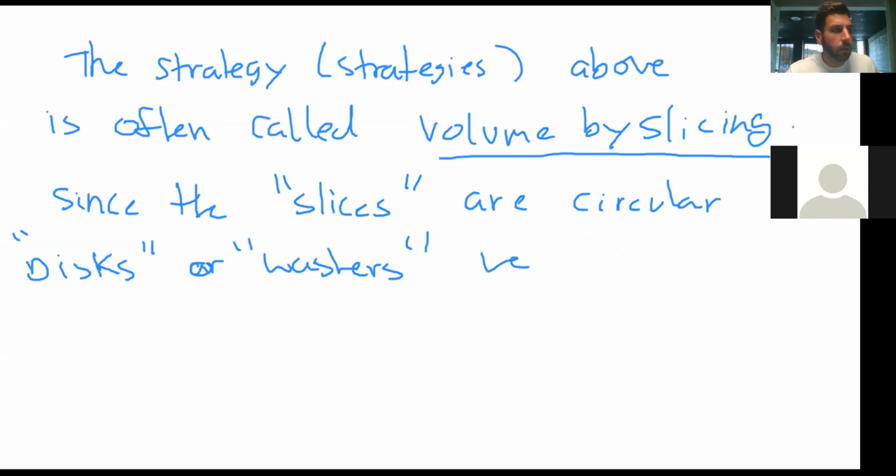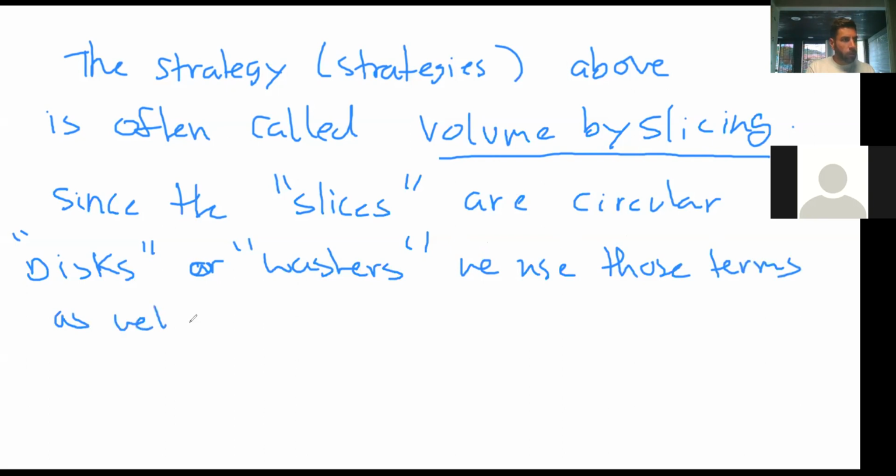Boy, that is an ugly W. Someone should turn me in for poor penmanship. So if you're looking for things to Google for practice, things like the disc method and the washer method are sometimes used.